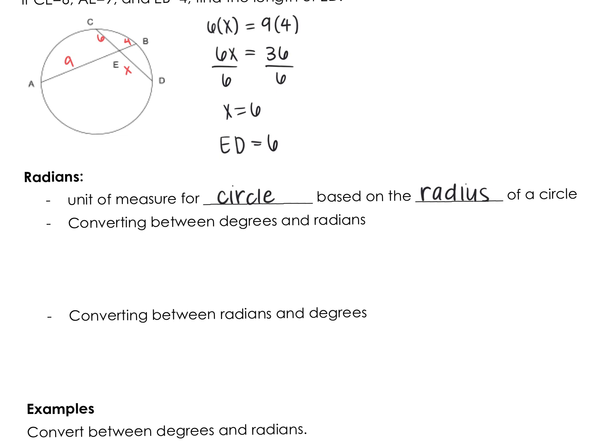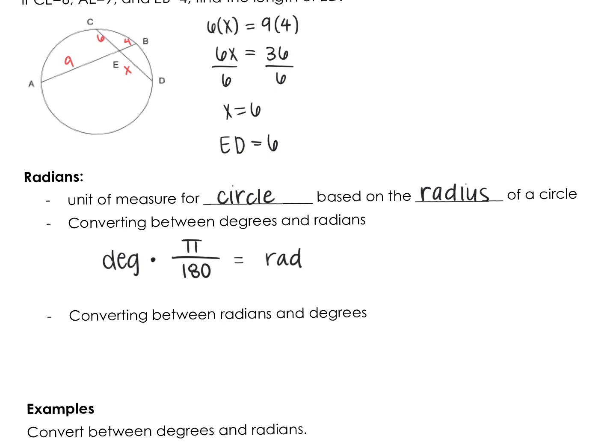So what we're going to do is talk about how to convert between degrees and radians. So if you have an angle measured in degrees, and you want to convert it to radians, you multiply it by pi over 180, and that will give you your radians, which we're going to abbreviate RAD.